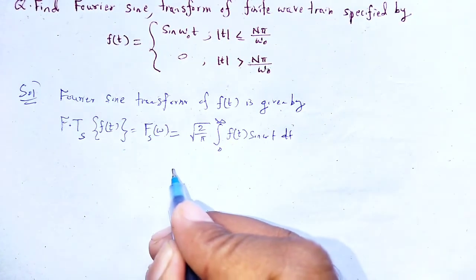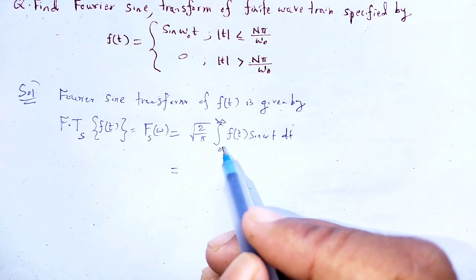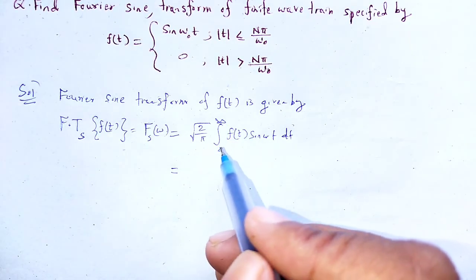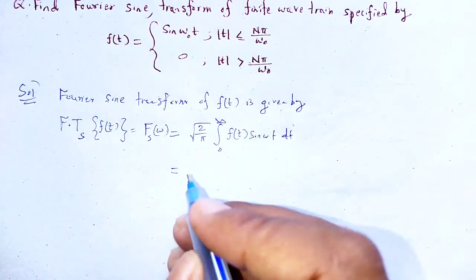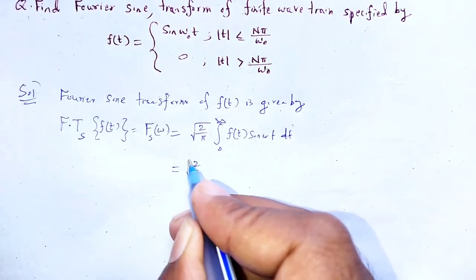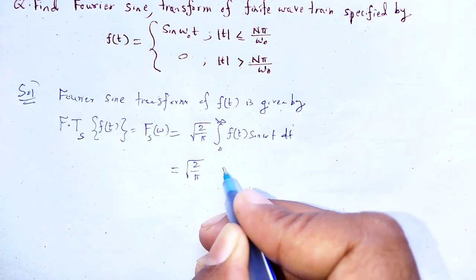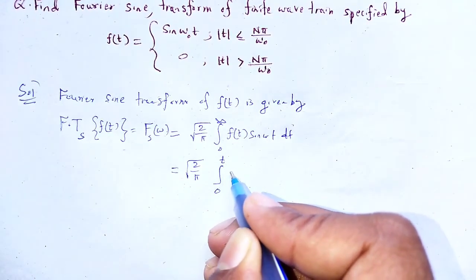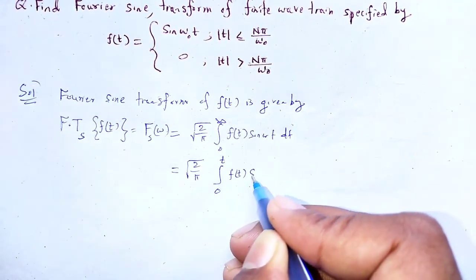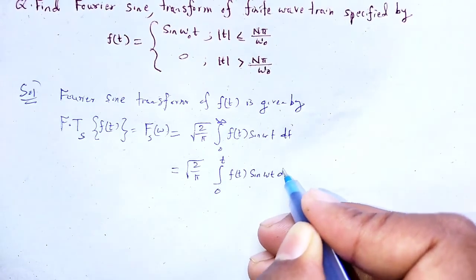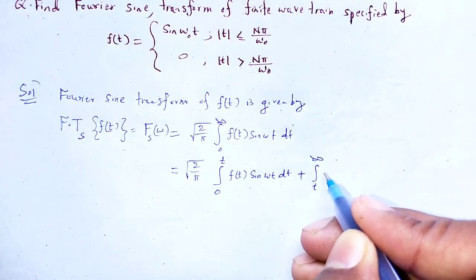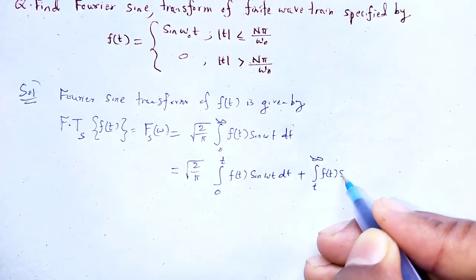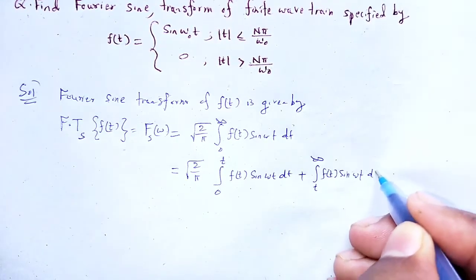Now just put in the values. The limit of integration we can change from 0 to t and t to infinity: under root of 2 by pi, integration from 0 to t of f of t sin omega t dt plus t to infinity of f of t sin omega t dt.